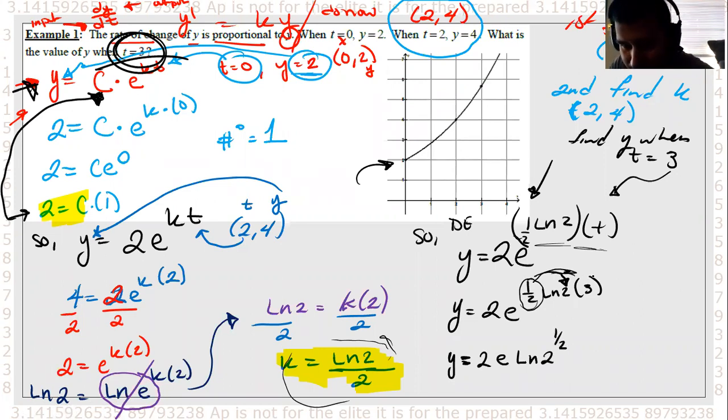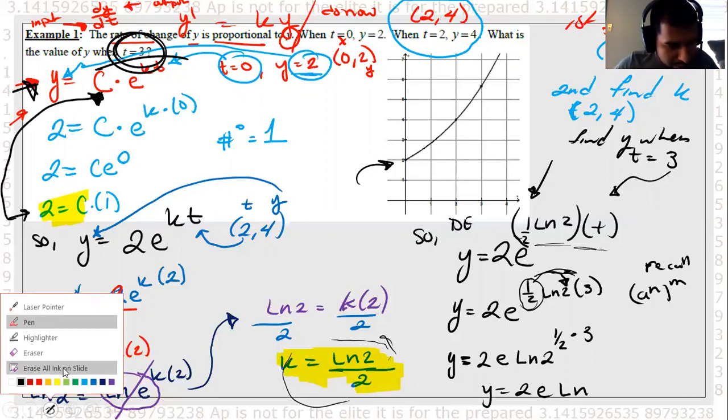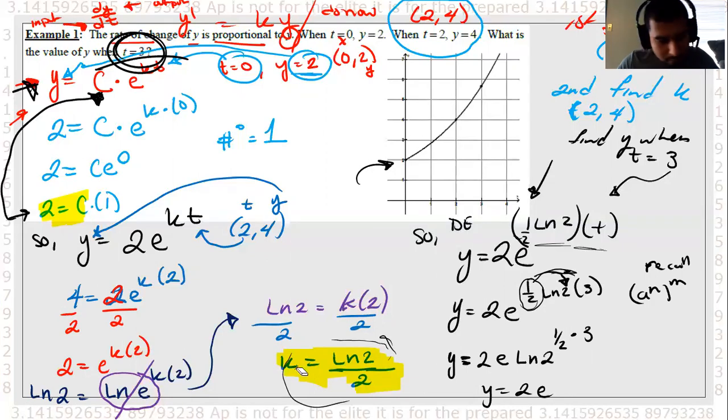And this is being multiplied by 3. The e and the ln are inverses, sorry, and then all of this was 3/2.